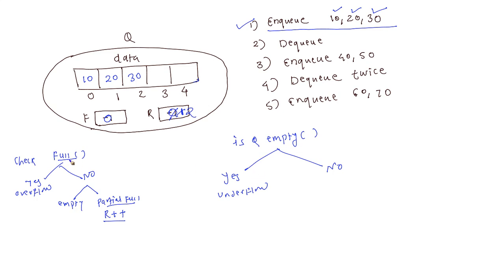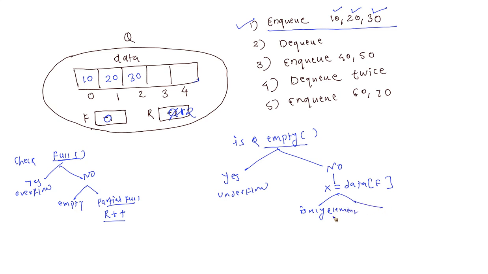So when inserting, check first whether the queue is full. While performing DQ, first check if the queue is empty. If the queue is empty, we can't remove. If the queue is not empty, then first get the element in X, the data at F location, and then check: is it the only element?